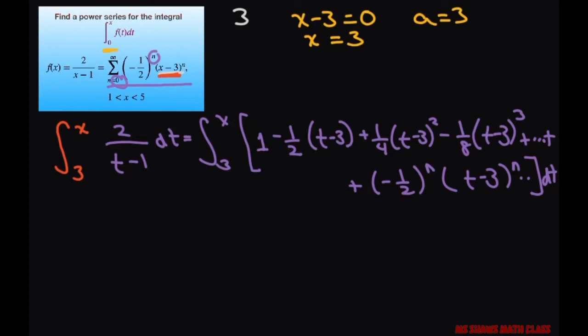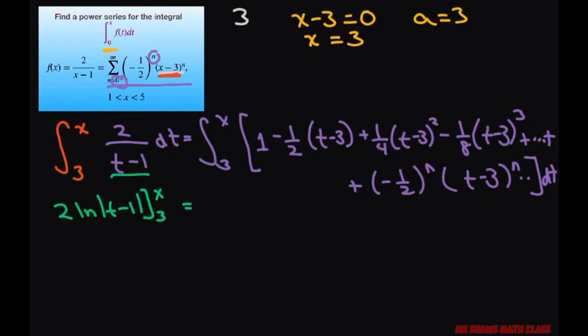All right, so let's go ahead and integrate this. For this piece, it's pretty easy. This is going to be 2 times ln of the absolute value of t minus 1, and then we're going to evaluate this from 3 to x, equals.